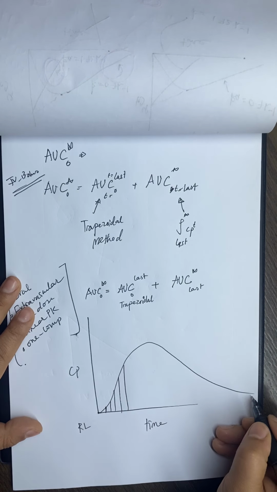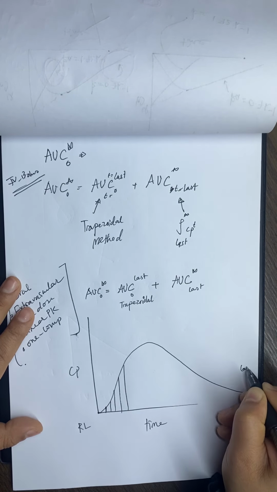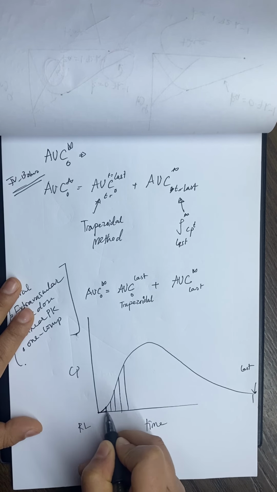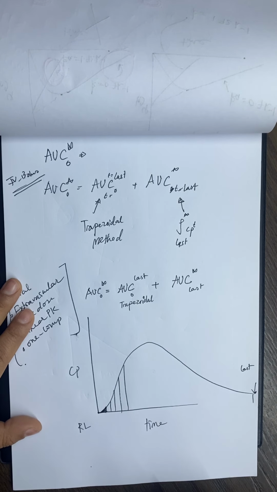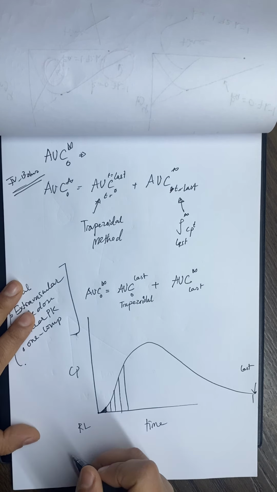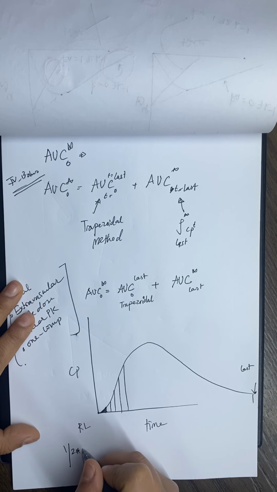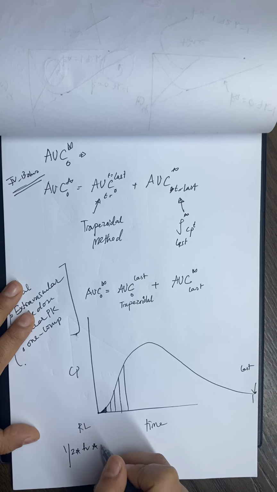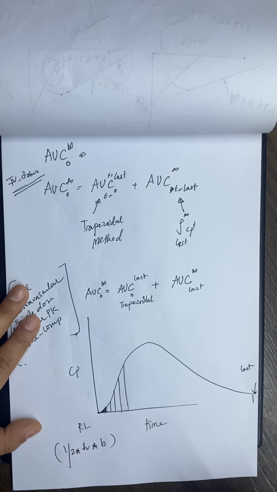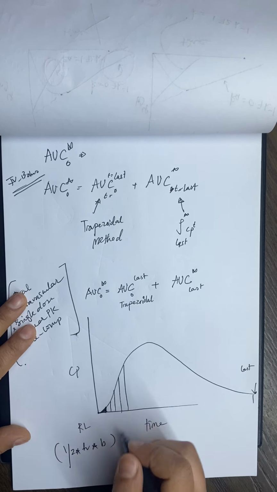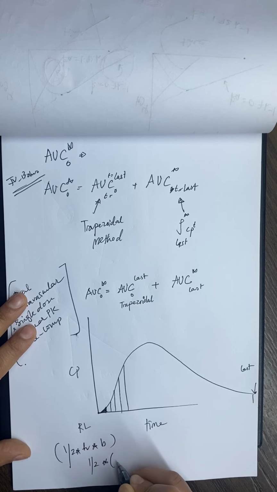Only until the end, which is your t last. The only difference is that the first piece will not be a trapezoid; it will be a triangle. We know that the area of a triangle is half the base times the height, or you can just have it as half the two bases.